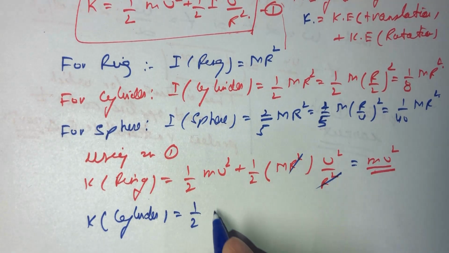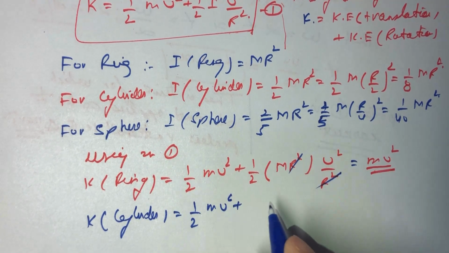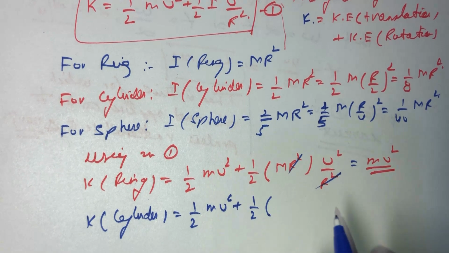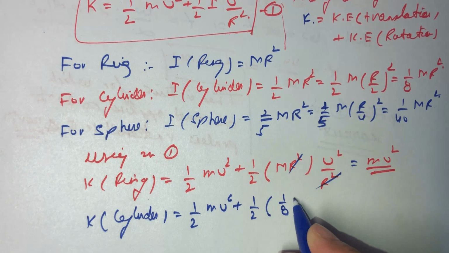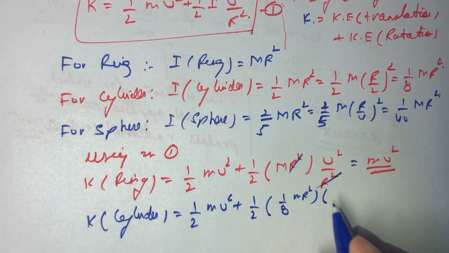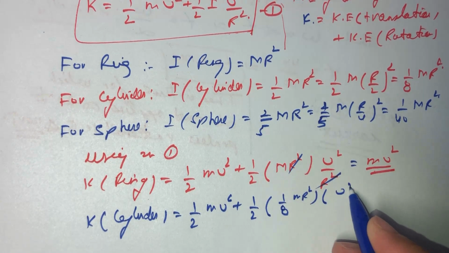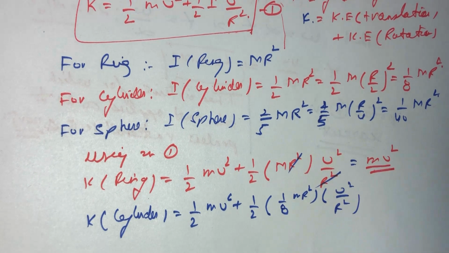Similarly, for the cylinder, we have half mv square plus 1 by 2, and the moment of inertia is 1 by 8 mr square, and it will multiply by v square upon r square.